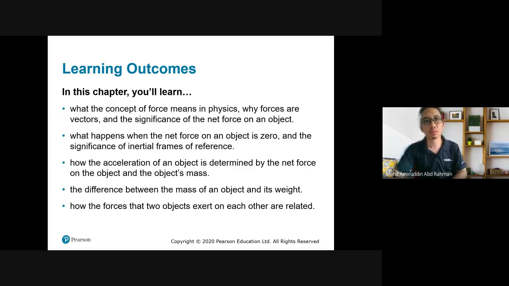Force is, let's say we have an object and then we push the object, so we have the force. So why forces are vectors and the significance of the net force on an object. What happens when the net force on an object is 0, and then the acceleration, and then the mass of the object and its weight, and the force.